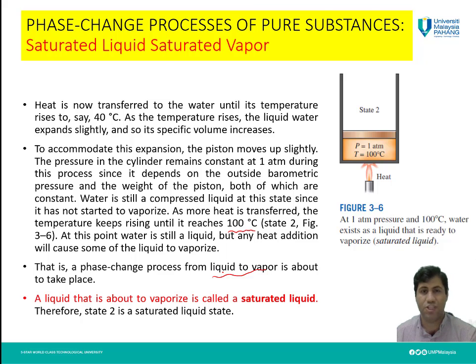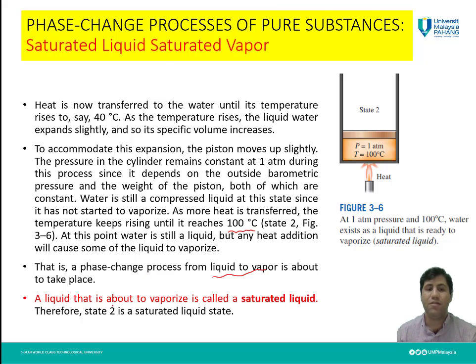So if we just reach 100 degrees Celsius, this phase change process is about to happen, not happening actually. To have a phase change, we need to have a flow of energy, like what we have here, also after we reach this 100 degrees Celsius.